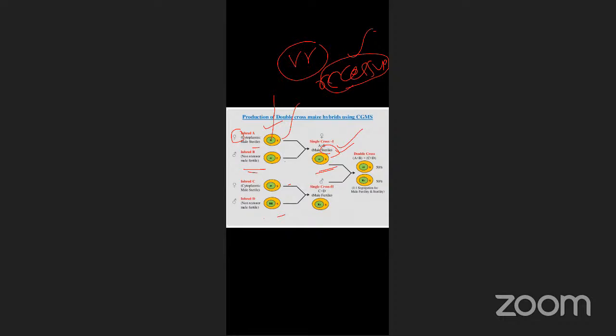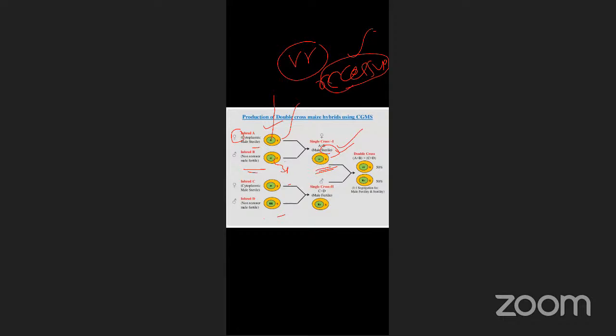Here, of course, it is fertile, but even when crossed with sterile, the fertile character is not expressed because it is recessive, not dominant. That's why only in this situation sterility is obtained.